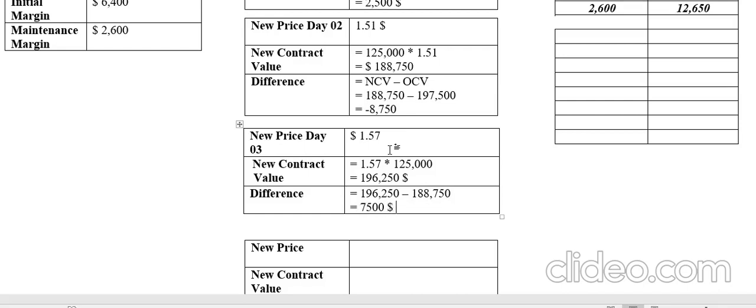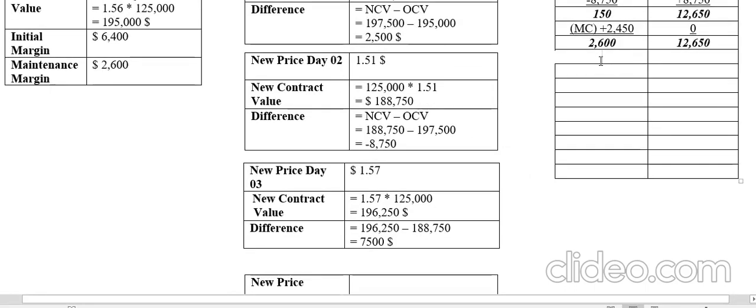Now the price was 1.51 and it has increased to 1.57. An increase in the price is a profit for the buyer, the long position. So we're going to add this 7,500 to the buyer's account, and the same quantity of dollars will be subtracted from the seller's account. The rules remain the same.